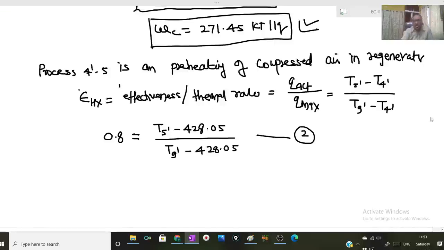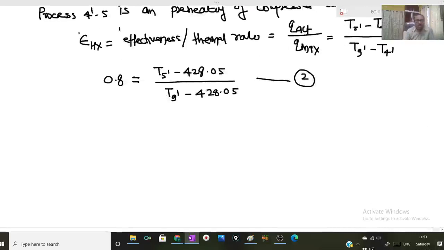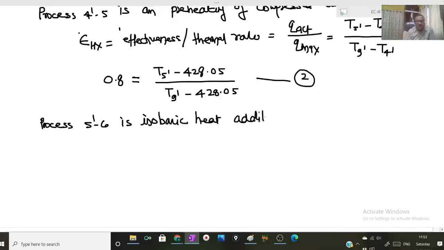Okay. Now we will move on to the process 5-6. Process 5-6 is isobaric heat addition in the combustion chamber 1.